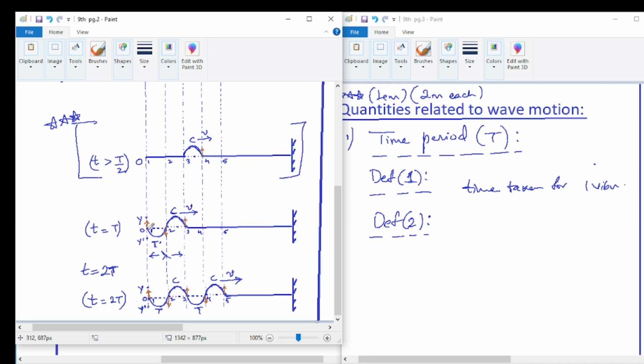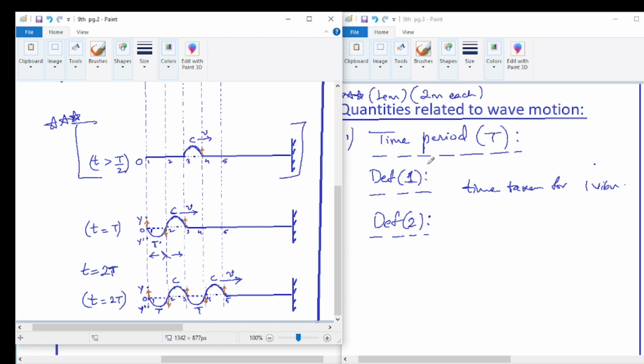Because it's passing from left to right, we can say that the disturbance wave has passed from left to right, started from particle 1 only and reached here in one time period. So this is even more clear. In one time period, one full wave has passed through this. Again in the next time period, even through the particle 5 also, one full wave will be passing in another one time period. That means time t is equal to 3T.